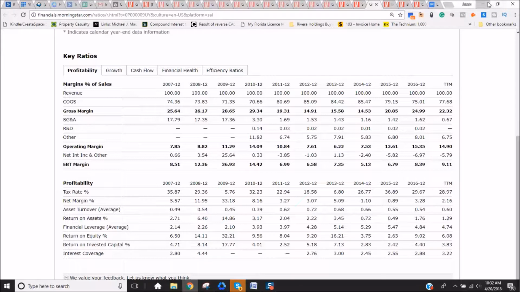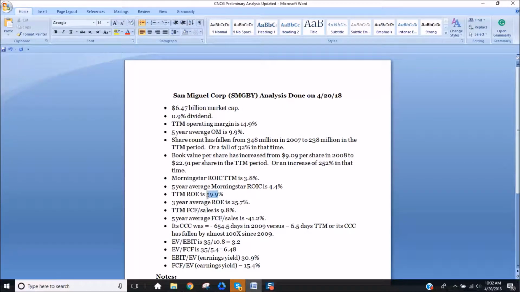ROE 6.1 trailing 12 month. Because this number is higher than this number, I automatically can tell this company has a decent amount of debt, because our debt is leveraged. Leverage magnifies margins.